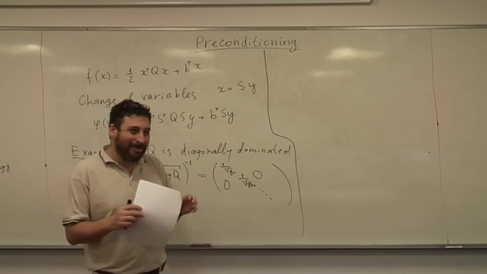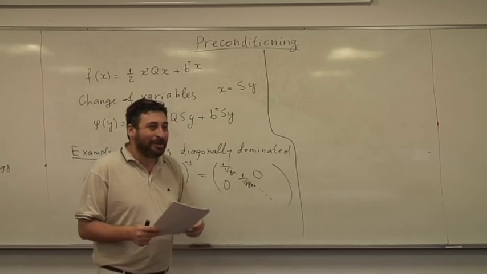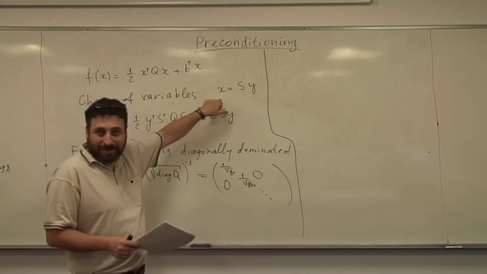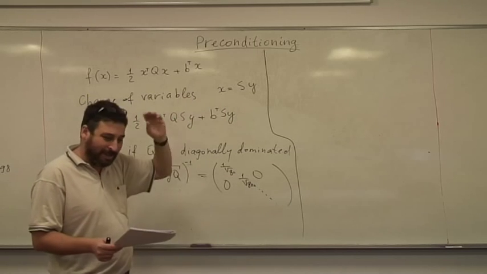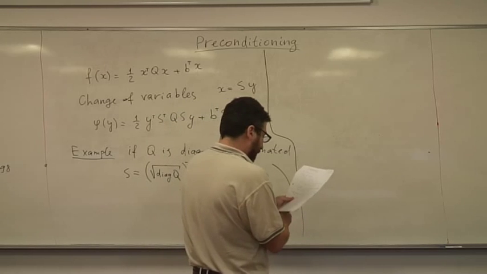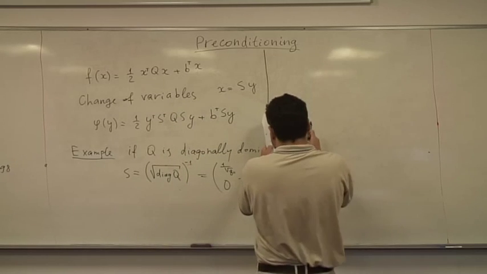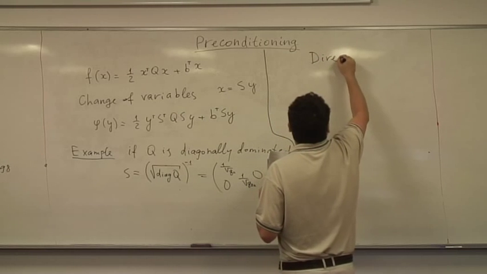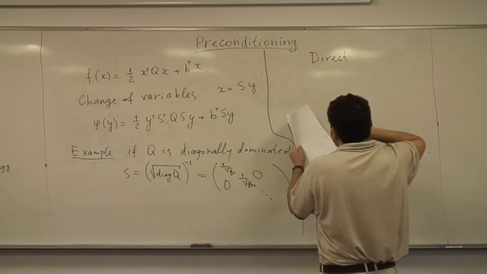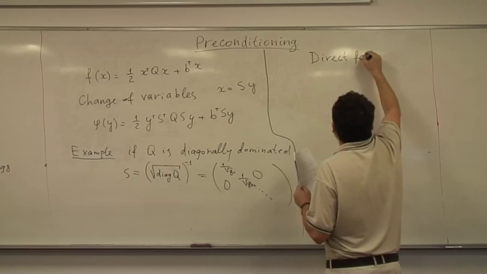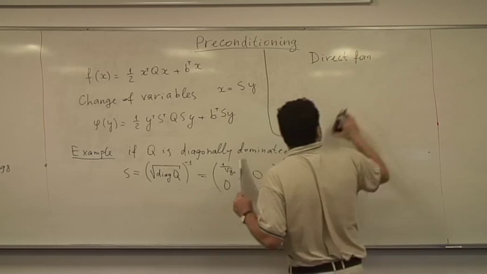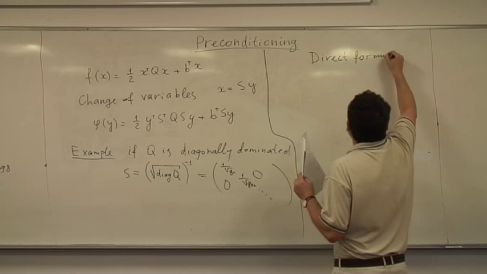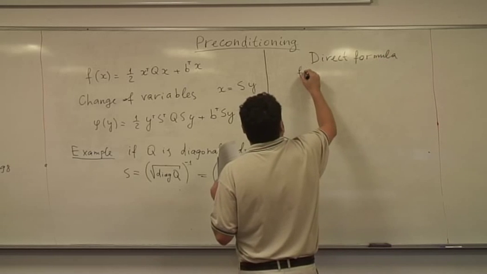Clever people sat and thought a bit and wrote the iterations of preconditioned conjugate gradient right in terms of x. A direct formula for updating x.